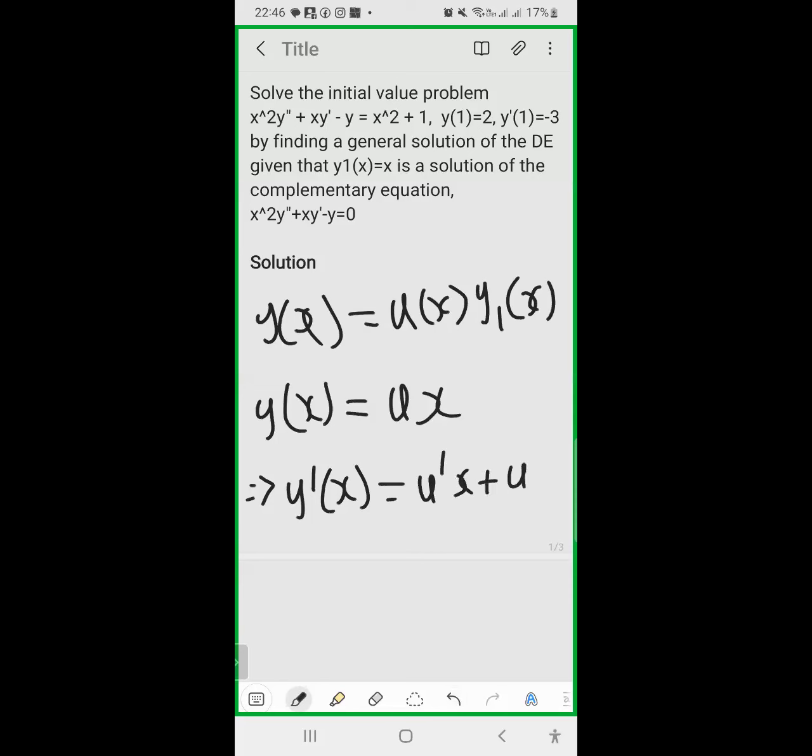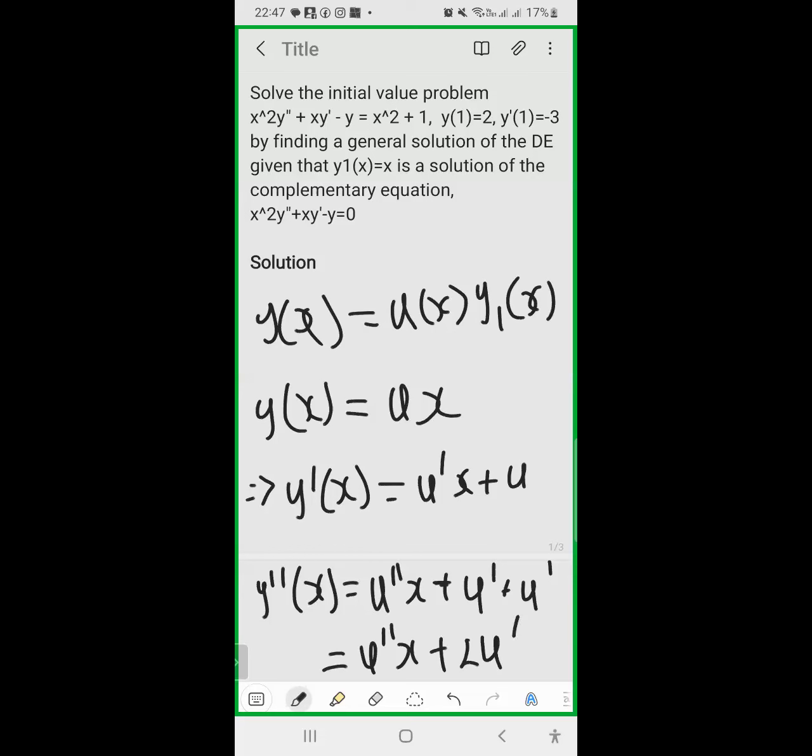And then the second derivative is going to be u double prime of x plus u prime, and then plus u prime. And this is going to be equal to u double prime of x plus 2 u prime.